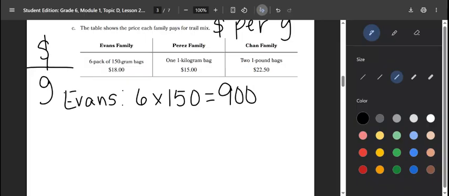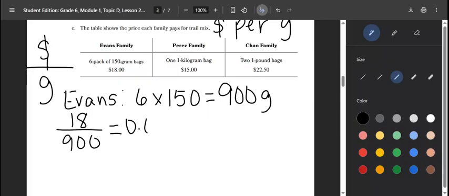So since we're figuring out the price per gram, we've got to use 18, because that's how much they paid, over 900, and that'll give us the price per gram. And when you do 18 divided by 900, you will see that you come out with 0.02, which is 2 cents per gram.